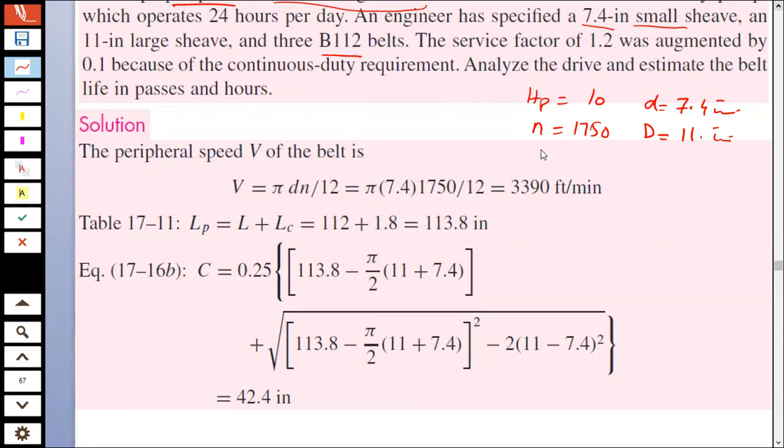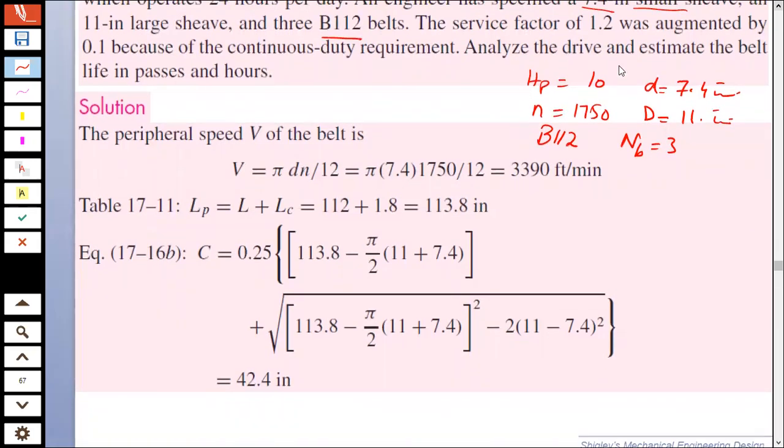So the belts that are used are B112, and NB is 3. The service factor is 1.2. Service factor diya gaya hai. KS is 1.2. It was augmented by 0.1 because of the continuous duty requirement. To woh kehta hai ki this was augmented by 0.1. To the service factor is basically 1.3 total.